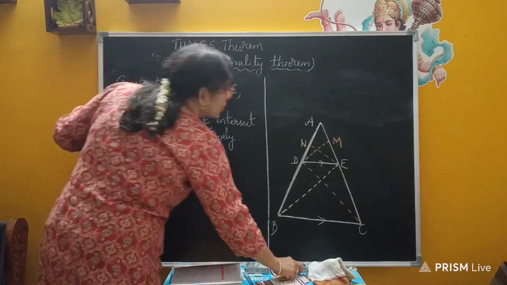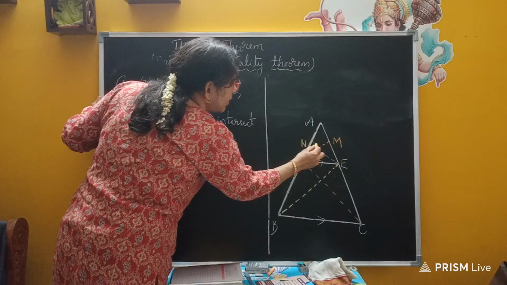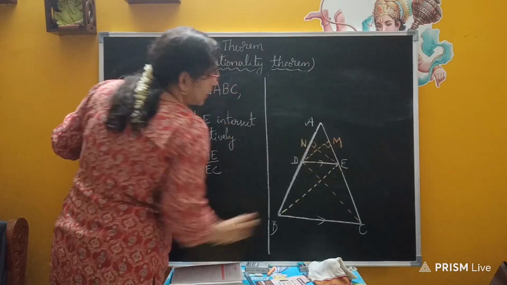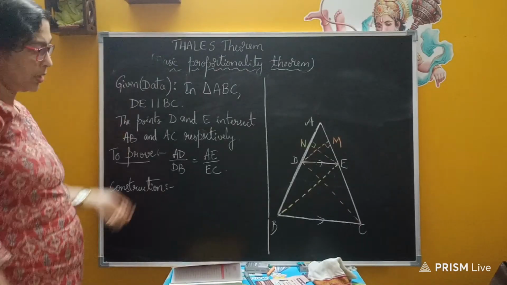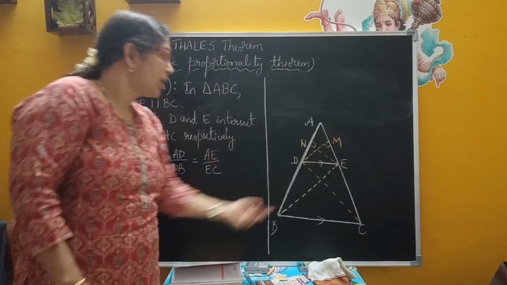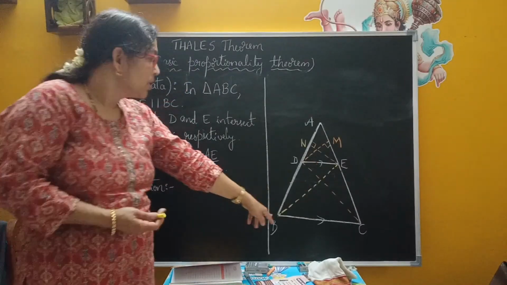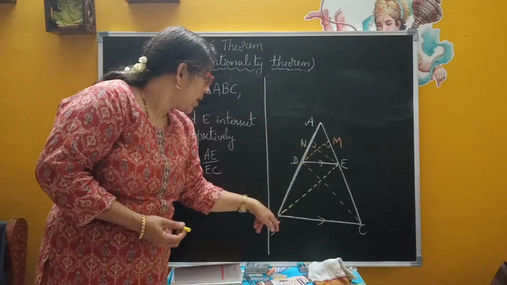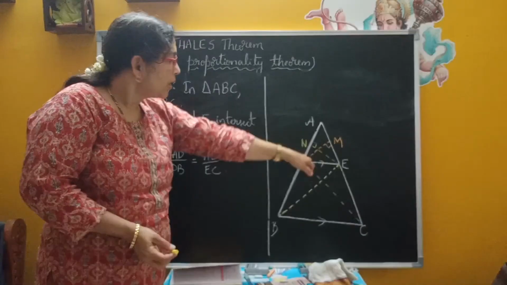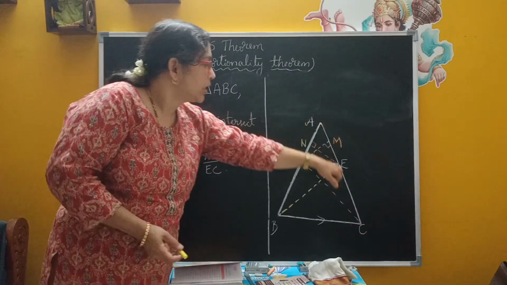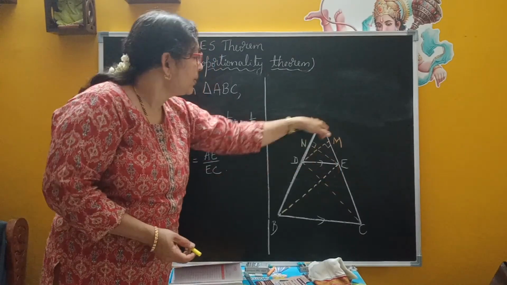Both are perpendicular, which means they make 90 degrees. So this is the additional construction we have done: join BE and CD, and draw DM perpendicular to AE and EN perpendicular to AD.